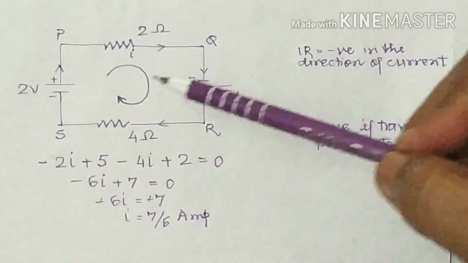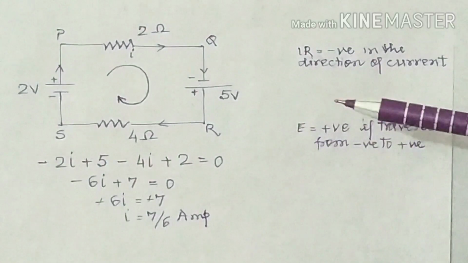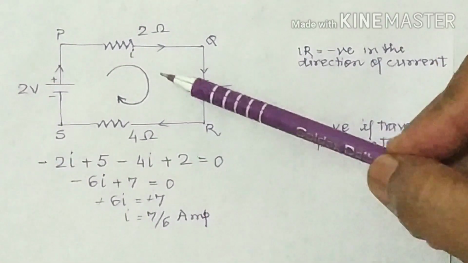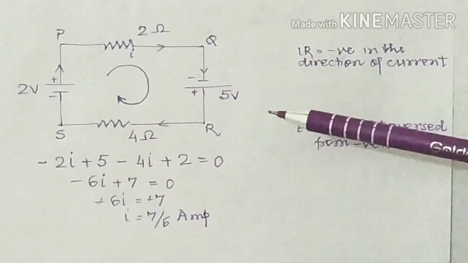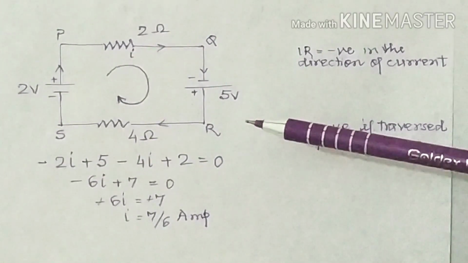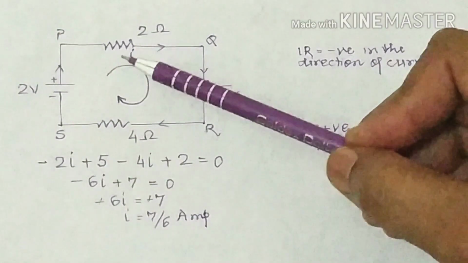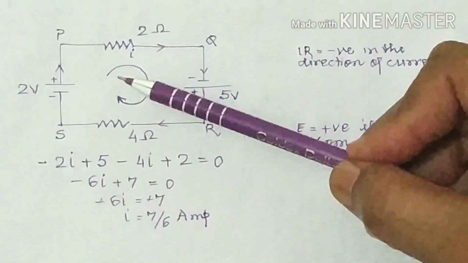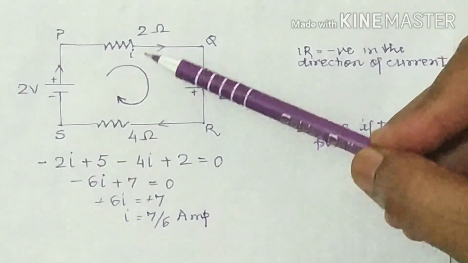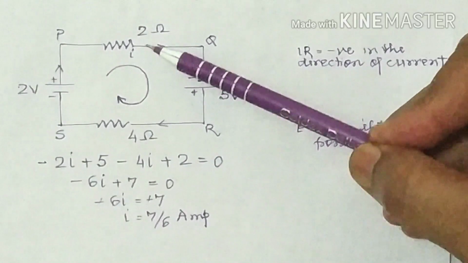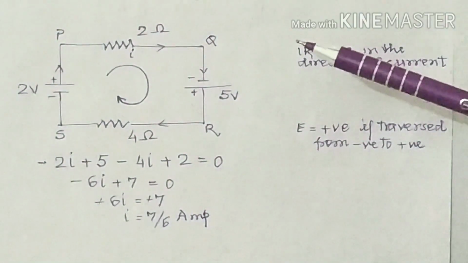Now the second thing: draw a clockwise arrow in the circuit. This arrow gives you the direction of your motion in the circuit. Now how can you apply Kirchhoff's rule? The direction of the current and the direction of the motion are the same. If both are in the same direction, then the potential across the resistance will be taken as negative.